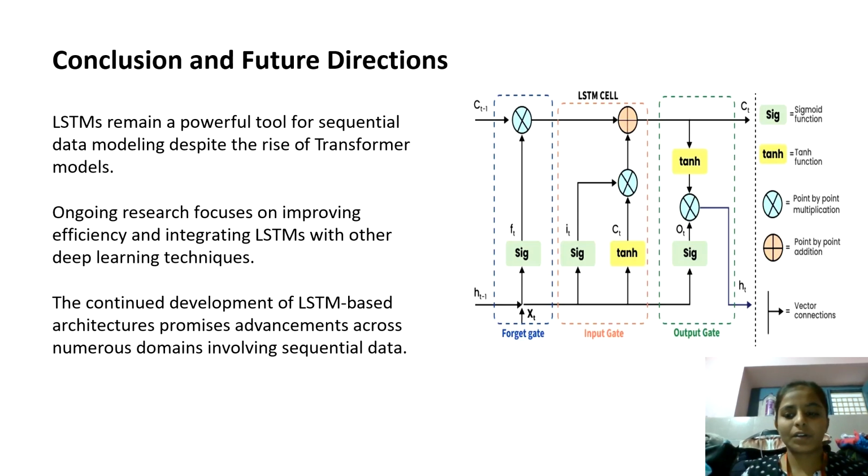Although transformer models have become very important in modern deep learning, LSTMs still remain useful for sequential modeling. Future research continues to focus on improving LSTM efficiency and combining LSTMs with other deep learning technologies.